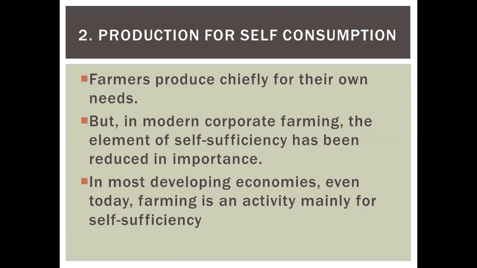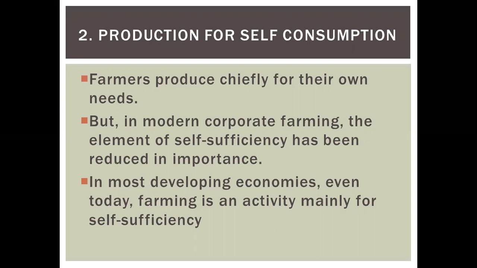But in modern corporate farming, we know that the element of self-sufficiency has been reduced in importance. We have certain modern corporate farming in different parts of our country, especially in agriculturally advanced states like Haryana and Punjab. You may find certain corporate farming methods where, of course, the aim is not self-consumption, but they produce things to be sold in the market at a relatively high price.